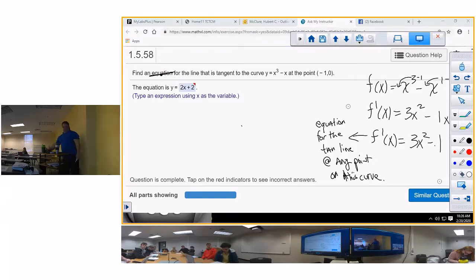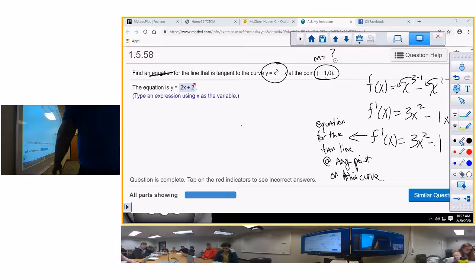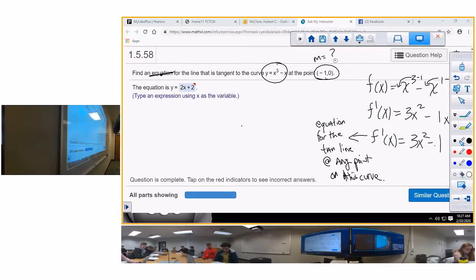Okay, so what they're asking you to do, here's the equation for the line, okay? This is the point they're giving you. And they want you to find the slope at this point so you can plug it into the y minus y sub 1 equals m times whatever. So you find the derivative.